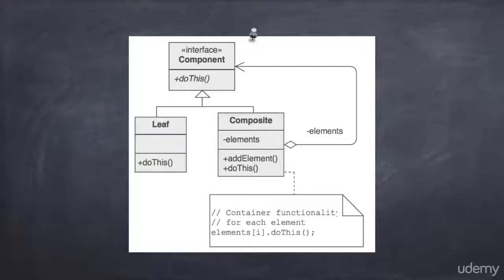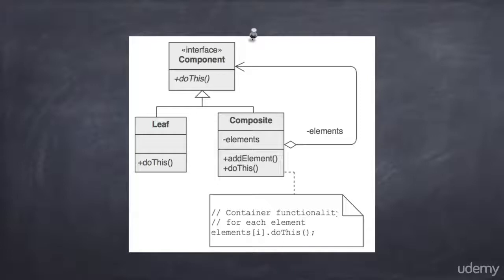Finally, the class also implements the doThis method. But, contrary to the leaf class, the composite class applies the method to both itself and all child objects. A simple for each loop iterates over all elements and calls the doThis method on each child component.